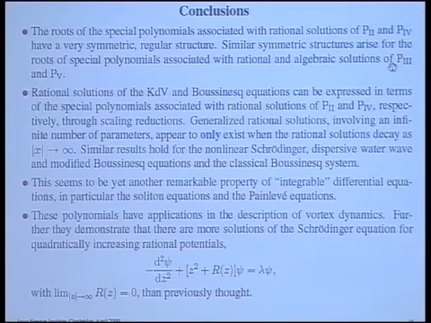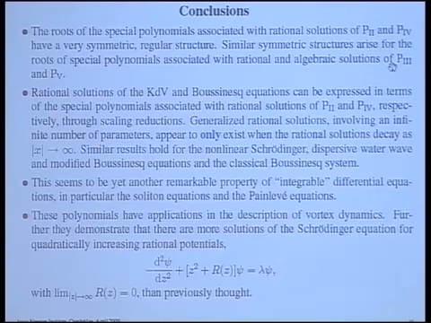If it's non-decaying, you can't generalize it. And we've got similar results for nonlinear Schrödinger, dispersive water wave, modified Boussinesq, etc. And it's another property of these integrable differential equations, particularly soliton and Painlevé equations.